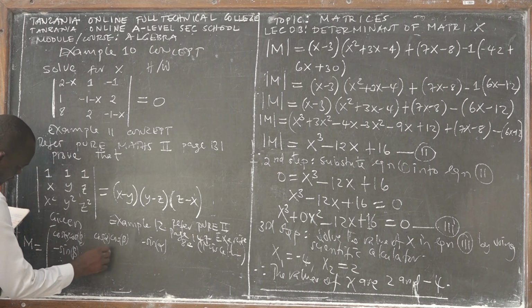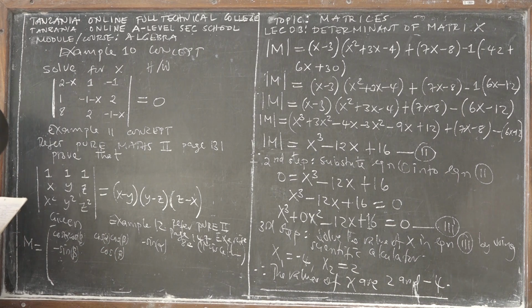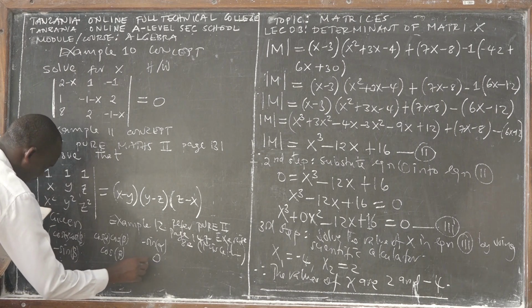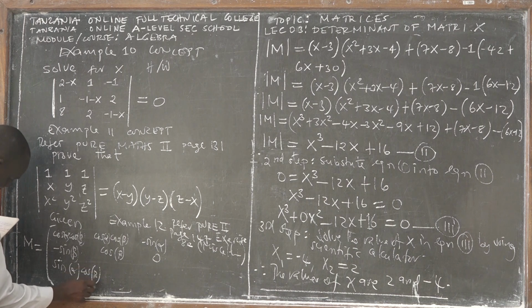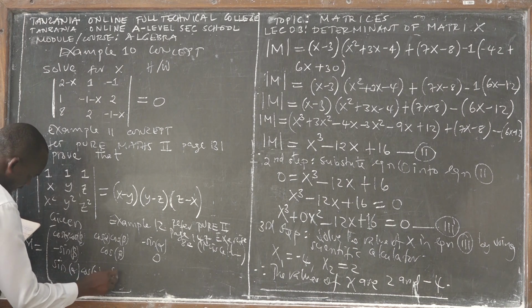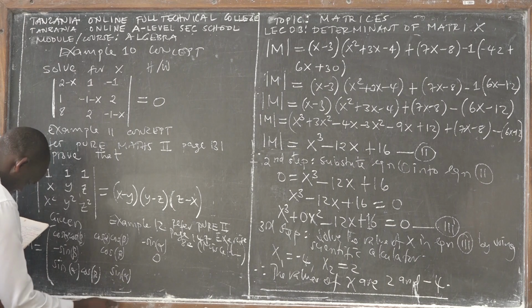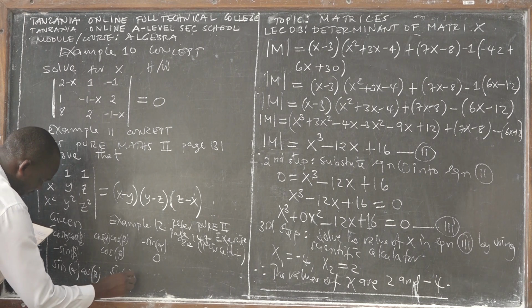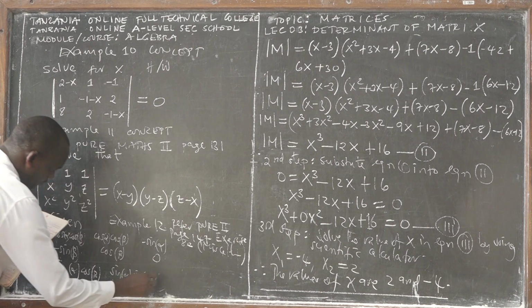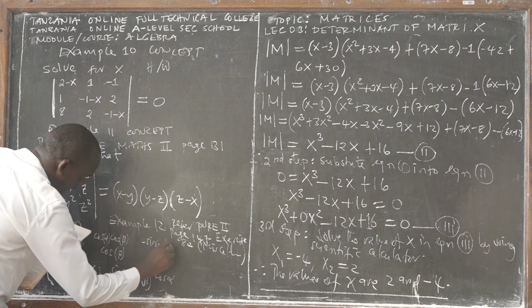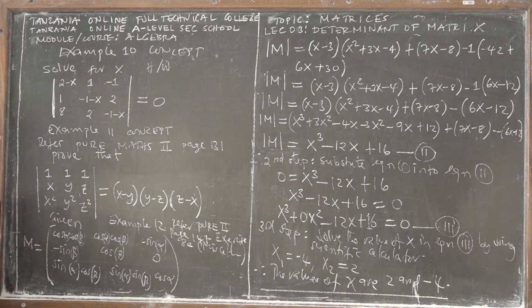Then this is cos of beta. Then here the element is 0. Then sine of alpha, cosine of beta. Then the next element is sine of alpha, sine of beta, cos of alpha. So the question is, evaluate the determinant of M.